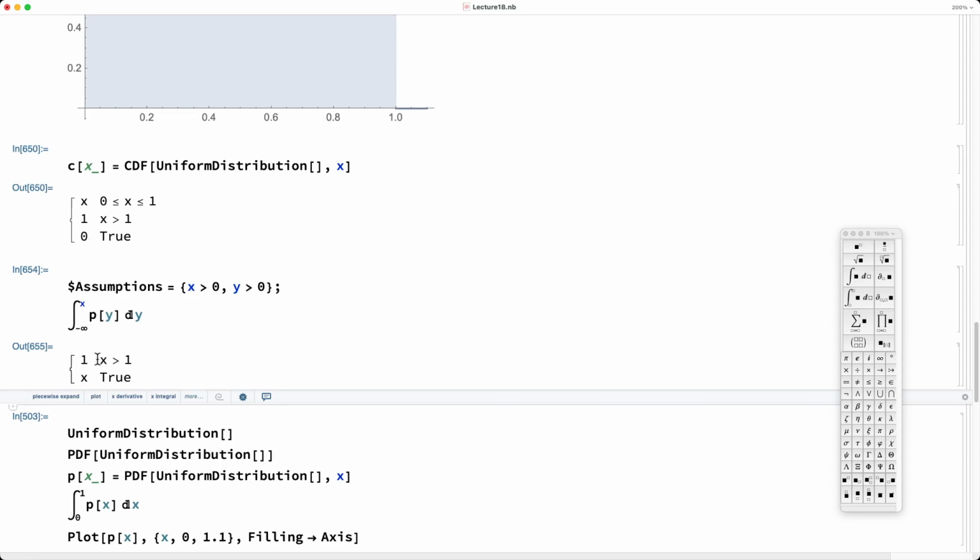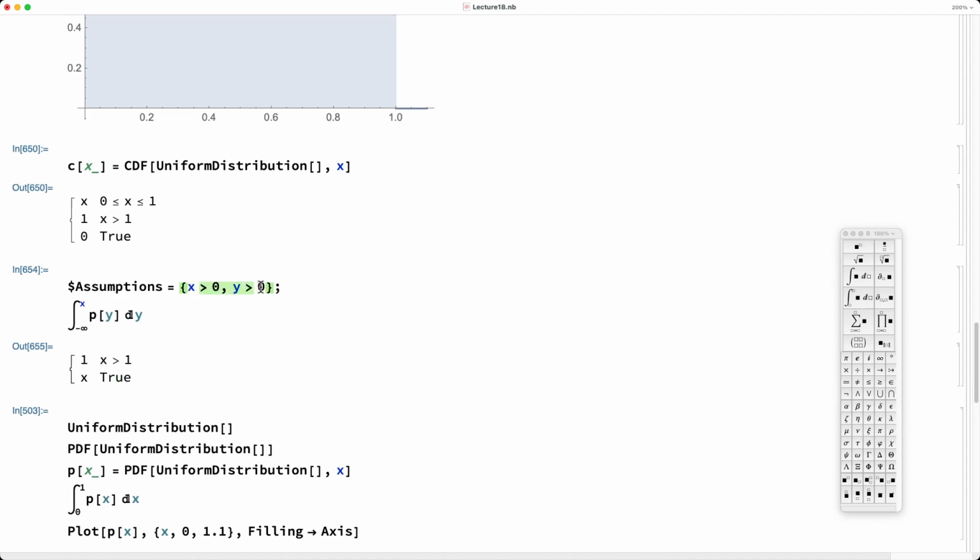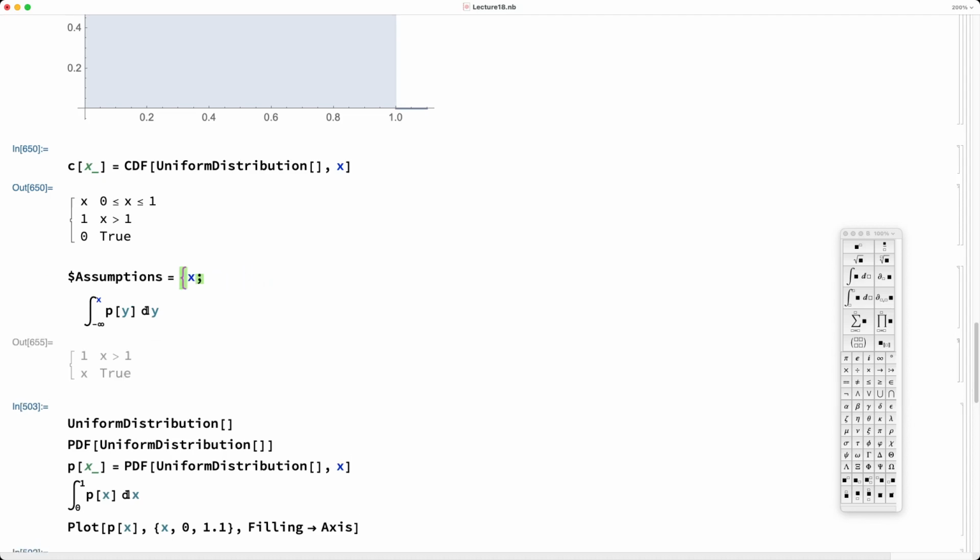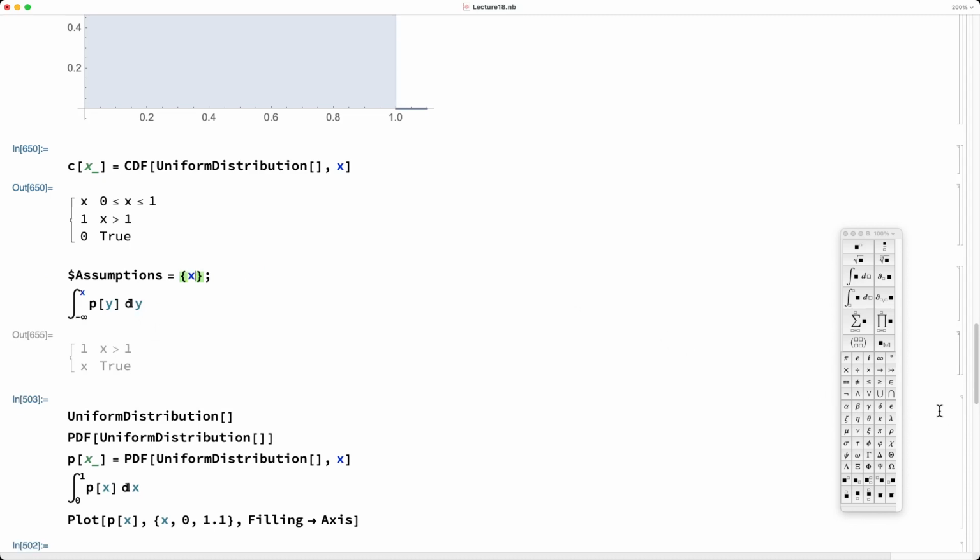So we have either x is greater than 1 or true. So let's just not make these assumptions, but instead let's assume simply that x belongs to the real numbers. Let's try this.